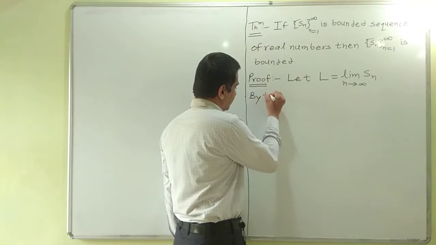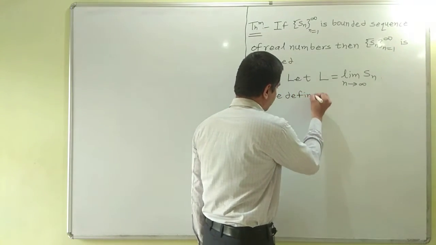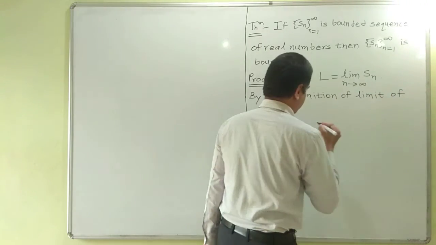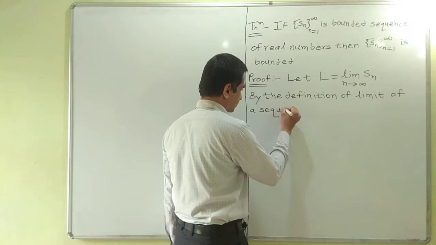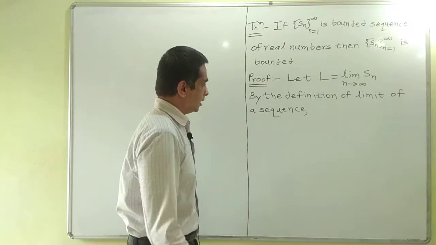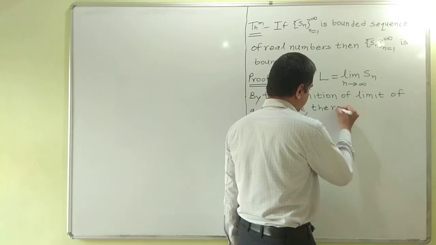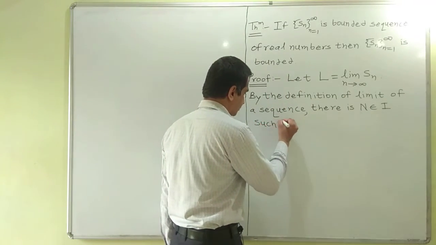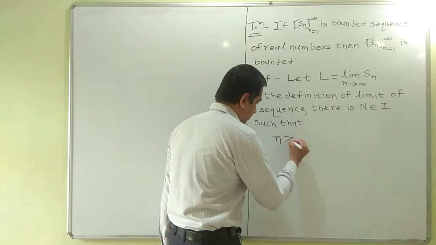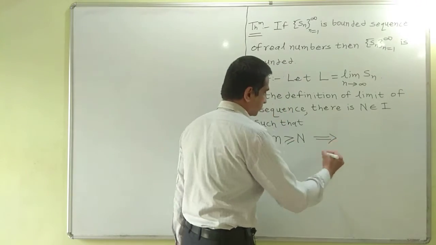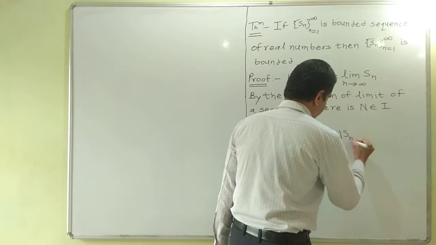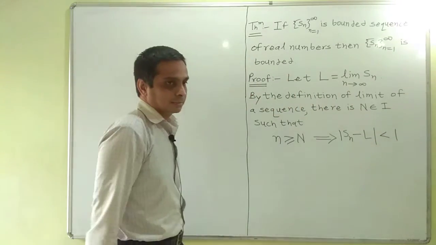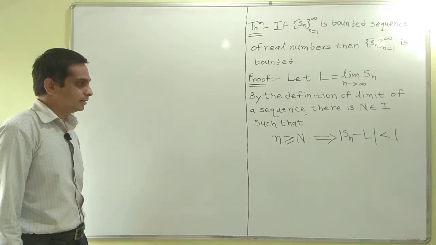By the definition of the limit of a sequence, there is n belongs to I such that whenever n is greater or equal to N, the distance between Sn and L is less than 1.